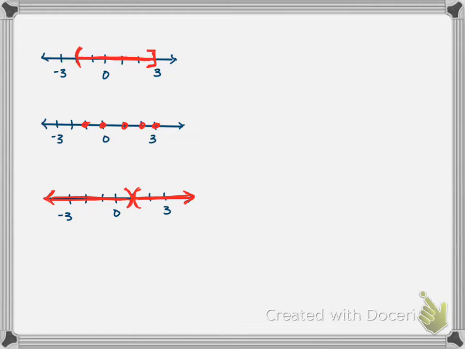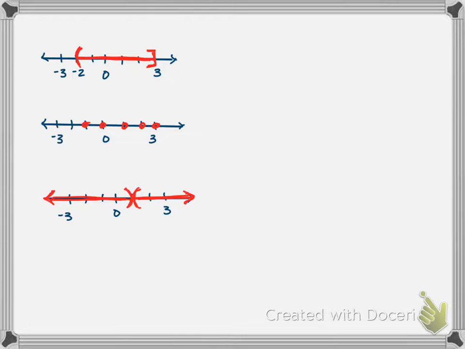Yeah, so all the numbers that are between -2 and 3, right? Graphing it like this really lends itself nicely to interval notation, because if these are labeled, interval notation is literally like that.